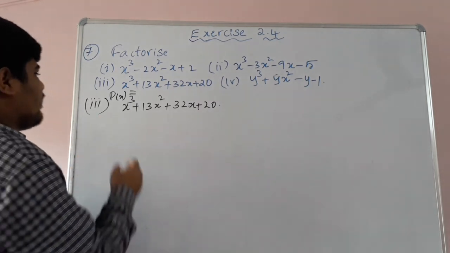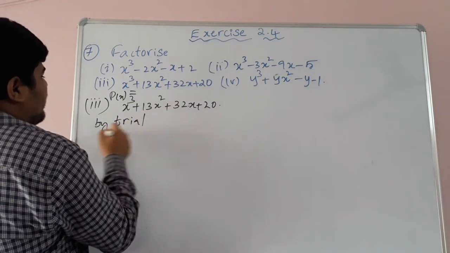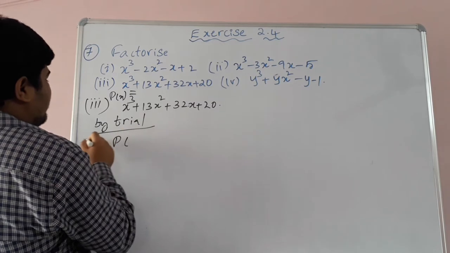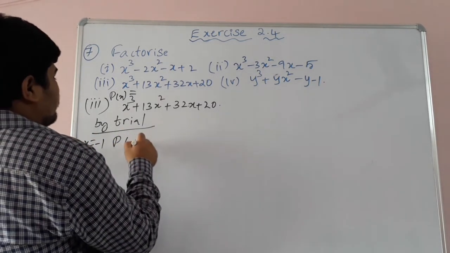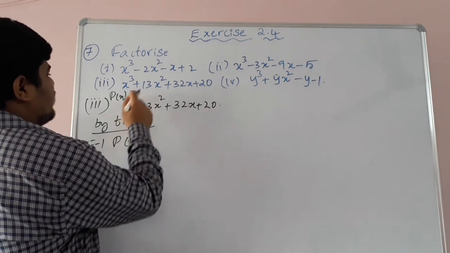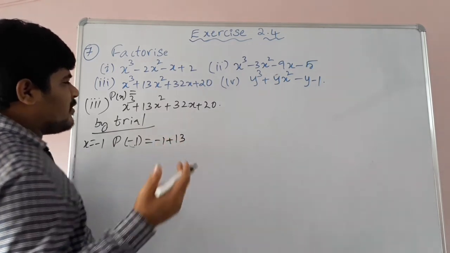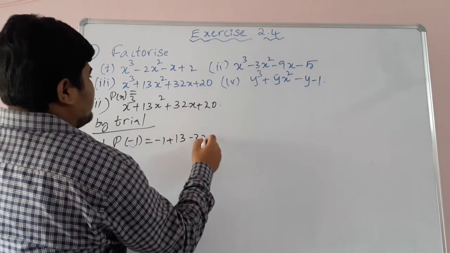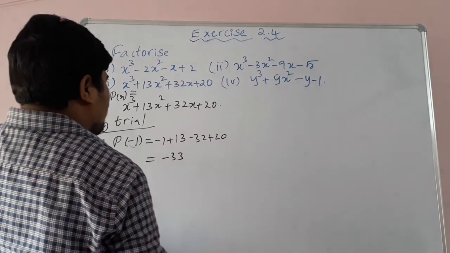Now try with negative one, children. This method is called trial and error. So by trial, I am taking x is equal to minus 1. P of minus 1 is equal to minus 1 cube, which is minus 1, plus 13 into minus 1 square, which is 13 into plus 1, 13, again minus 32 plus 20. What are we getting?